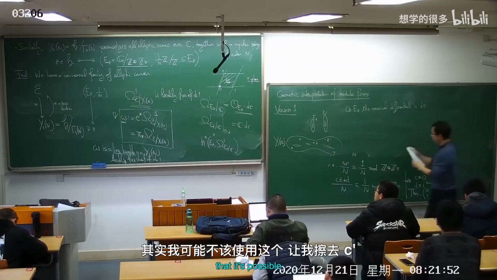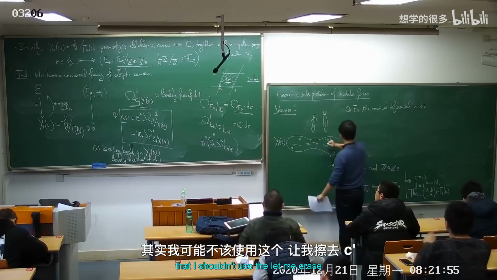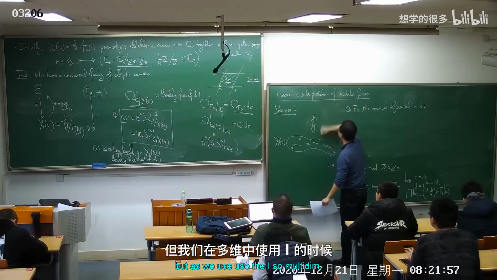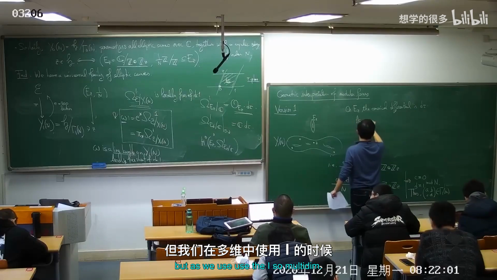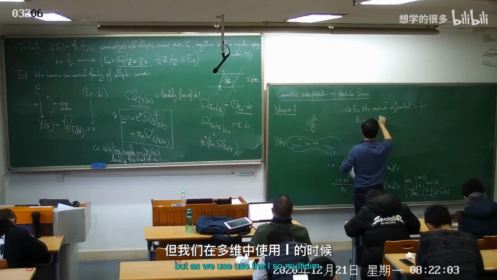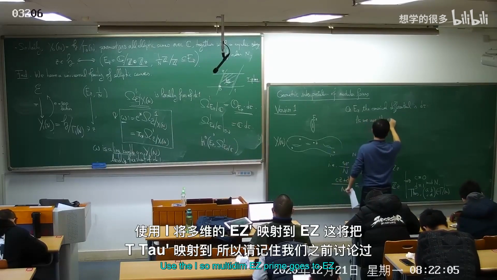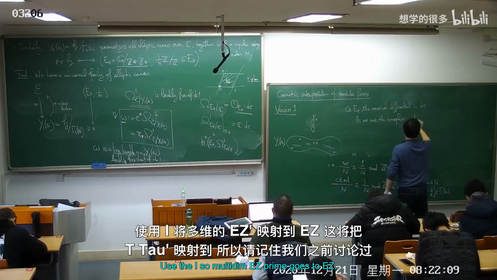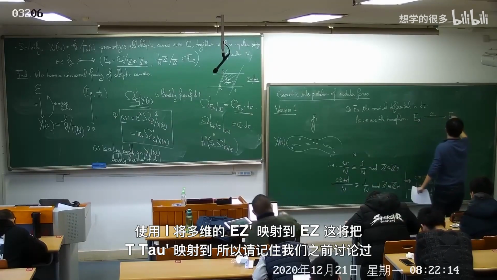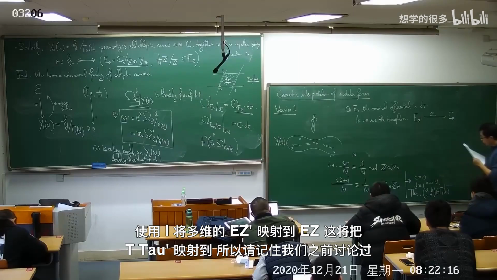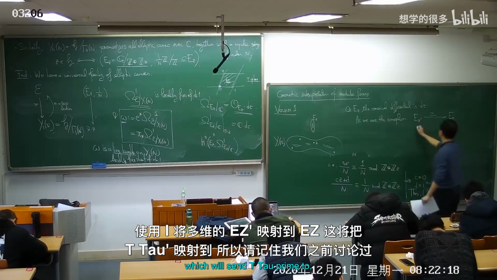But we use the isomorphism EZ prime to EZ, which will send tau prime to W times tau prime.